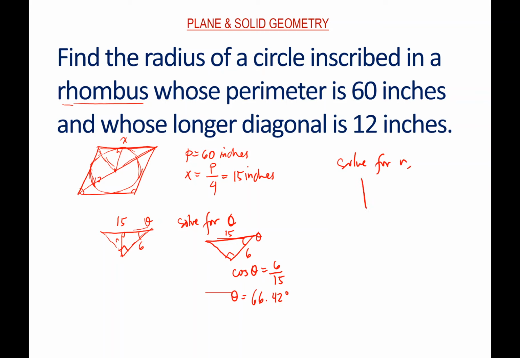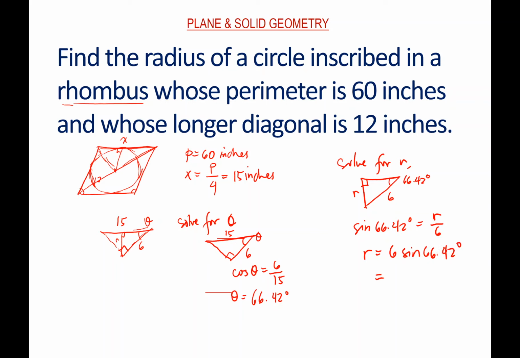We draw another right triangle here, and you have r, and the half of the longer diagonal, 6, and theta, which is 66.42 degrees. So r is the opposite and 6 is the hypotenuse. So this is using sine: sine 66.42 is equal to r over 6. Therefore r is equal to 6 sine 66.42.